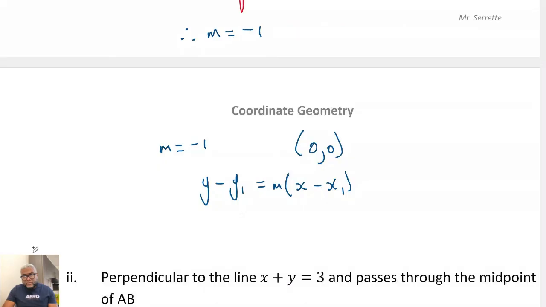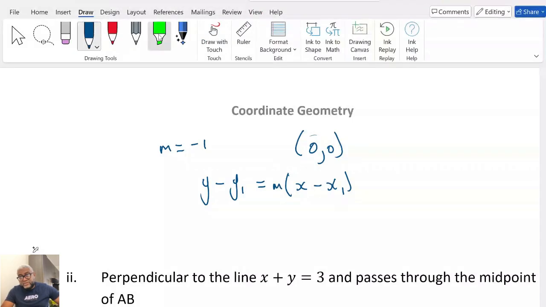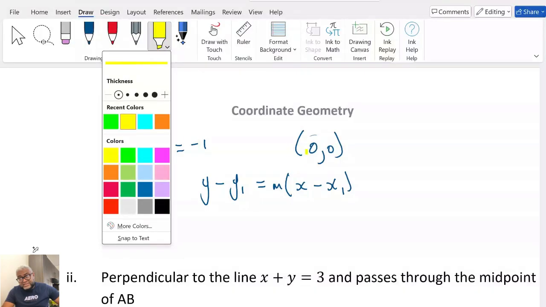Okay, this is y1. Taylor, what is y1 here from these coordinates? It's 1. This is the coordinate you're working with, right? I'm going to highlight it.